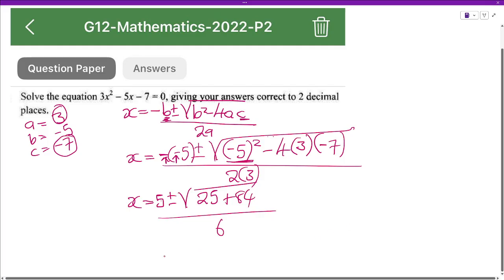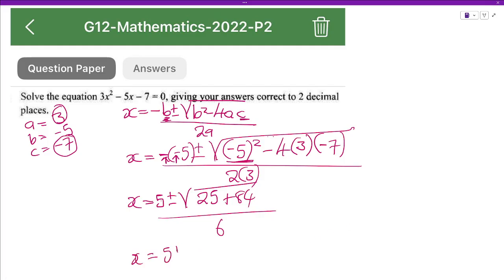So at this point we are going to say x is equal to 5 plus or minus 25 plus 84 gives us 109. So the square root of 109, then everything over 6.